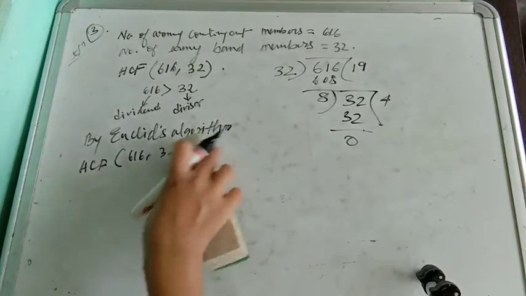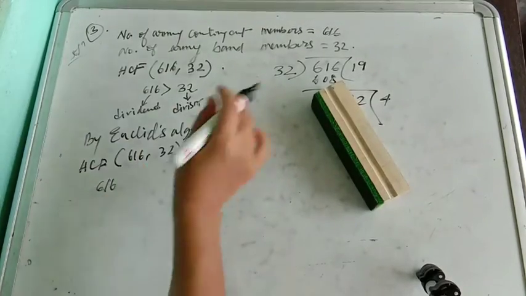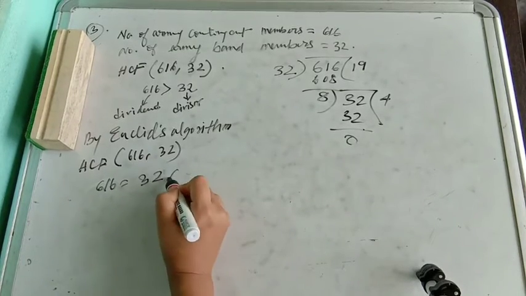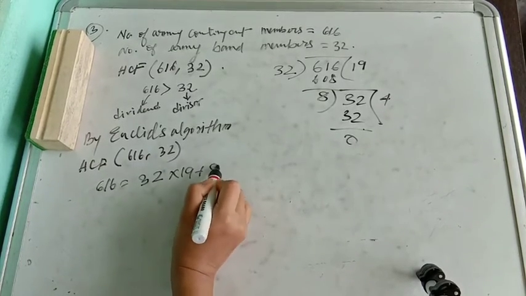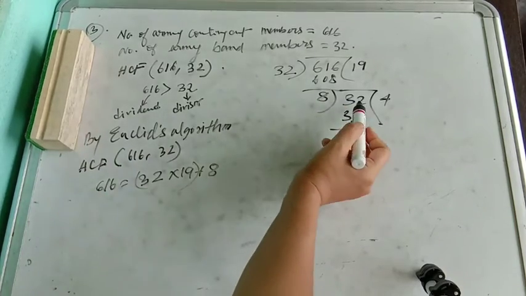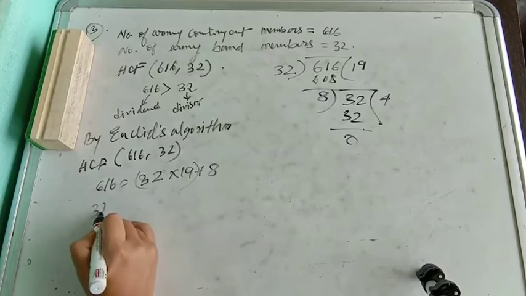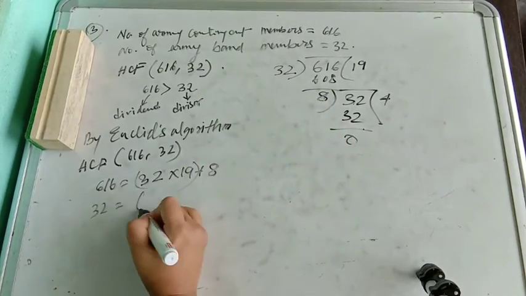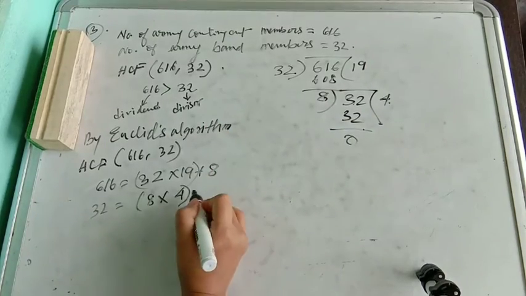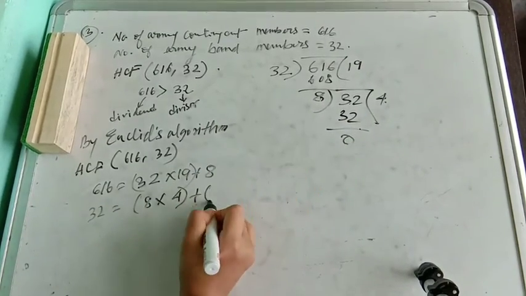616, which is A, equals 32, which is B, and Q will be 19 here, plus 8. 8 is the remainder here. Next we will write 32, which now becomes the dividend, equals 8 into 4. Q here is 4, plus 0. The remainder here is 0.